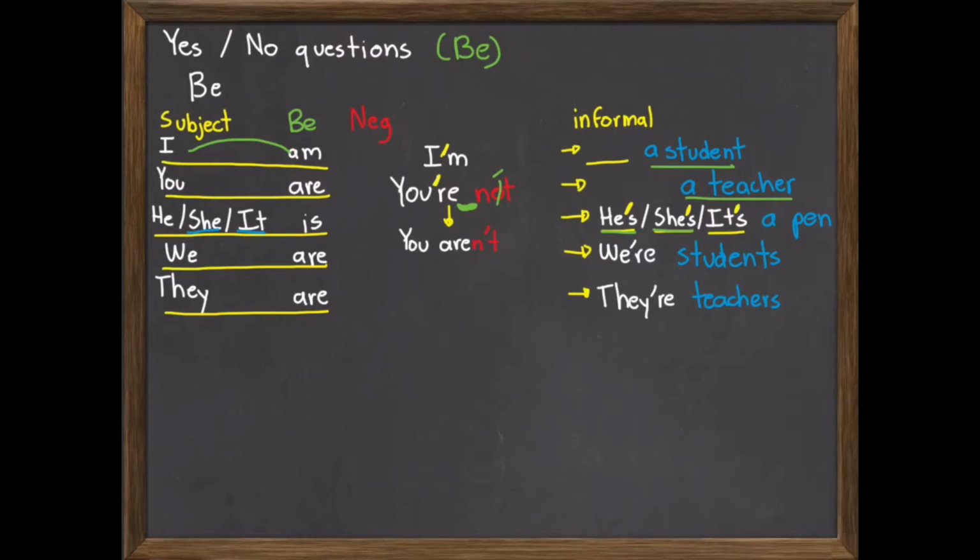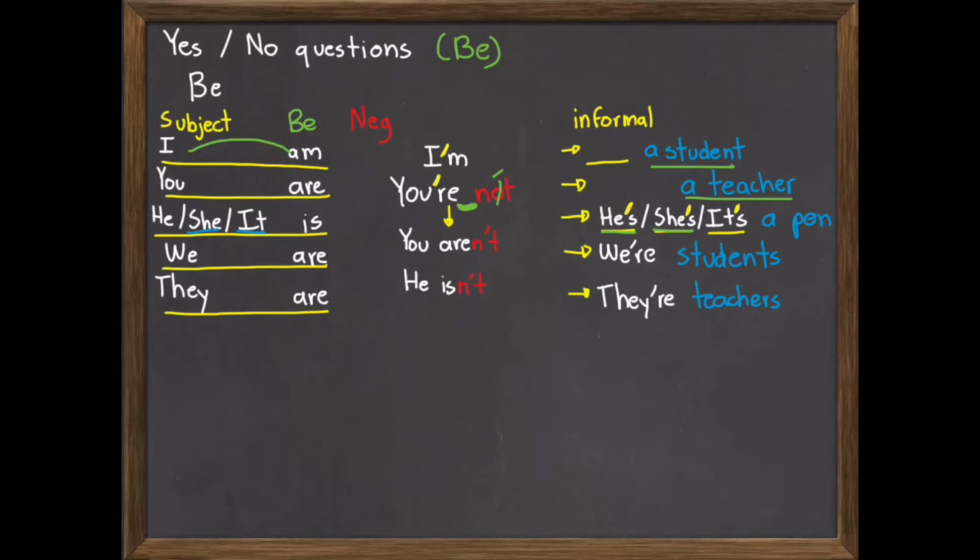And the same goes with is. He isn't. He isn't a student. It's the same, but you can also use he's not, with the not after it. Okay, so those were the different forms, the positive and the negative.